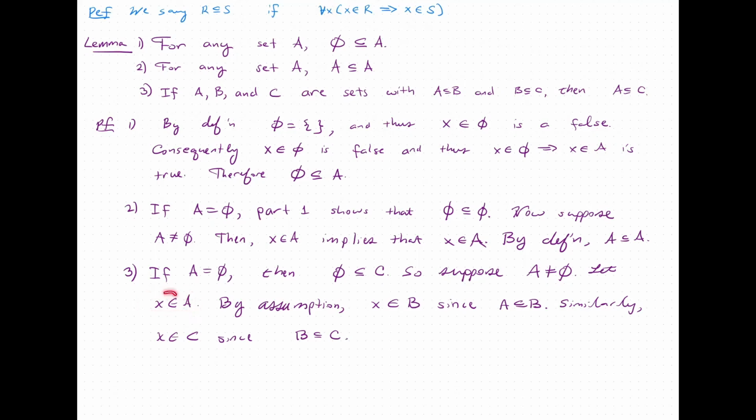And since for that arbitrary element we have that x is in C, we know that this holds for every x in A. And so thus, we can conclude that A is a subset of C, which finishes the proof of this lemma.